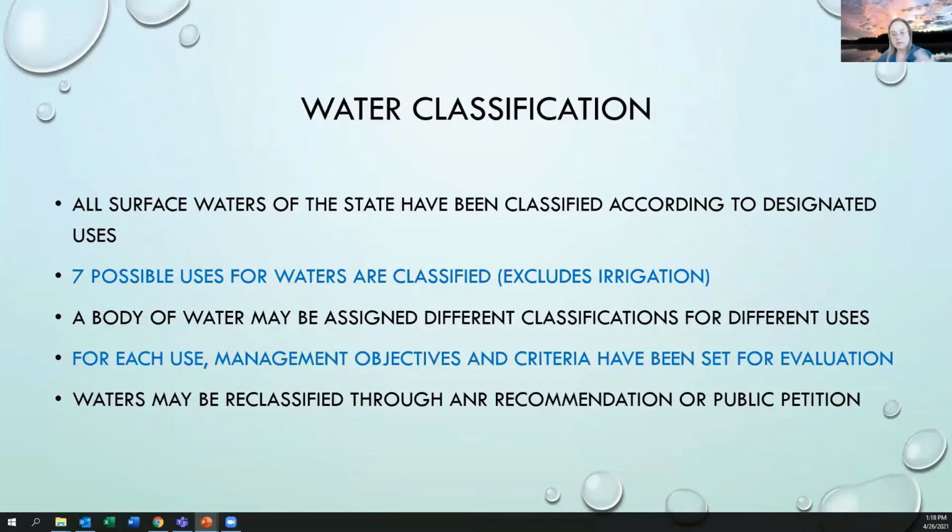So they vary, and we classify to the highest use that we're looking to protect. And waters are reclassified in two ways. They're either reclassified by the Agency of Natural Resources because we have data to demonstrate that they meet that classification, or they can be reclassified from a public petition. So that's where you all come in on this process.